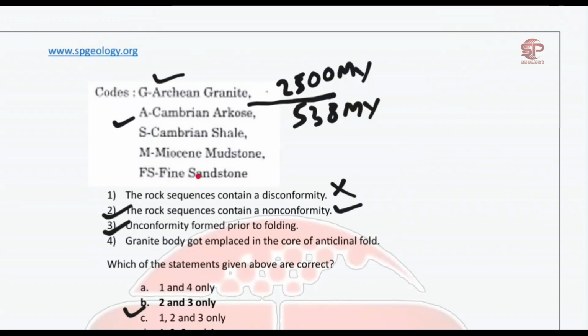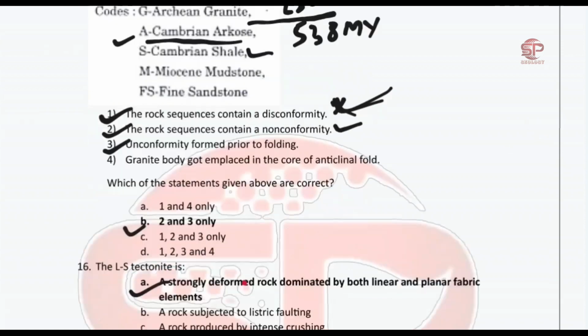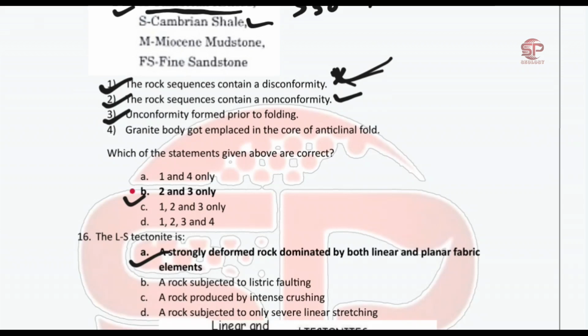That means you will find a disconformity here in between your Cambrian arkose and shale. Okay, so this option will be correct. So it will be 1, 2, and 3.